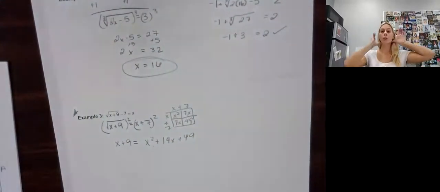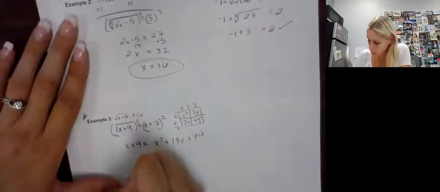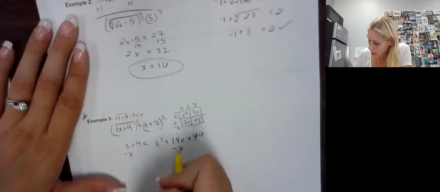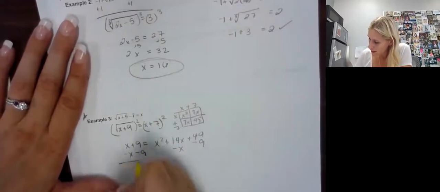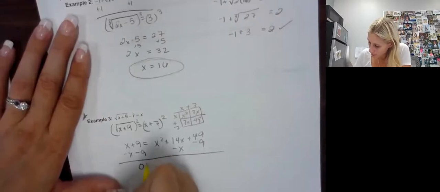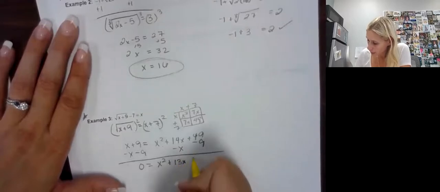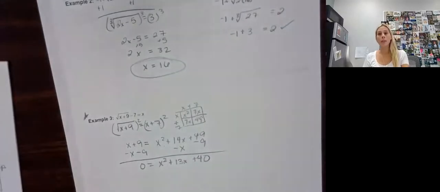Because I see an x squared there, that should tell me, ooh, I might be factoring. So let's get everything on the side with the positive x squared. So we're going to subtract x from both sides, and we're going to subtract 9 from both sides, giving us 0 equals x squared plus 13x plus 40. Now, I'm going to factor quickly.